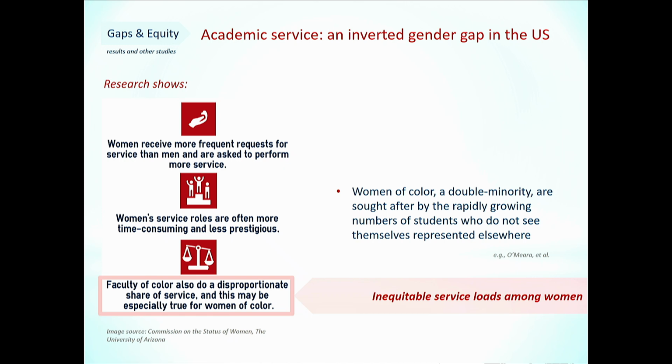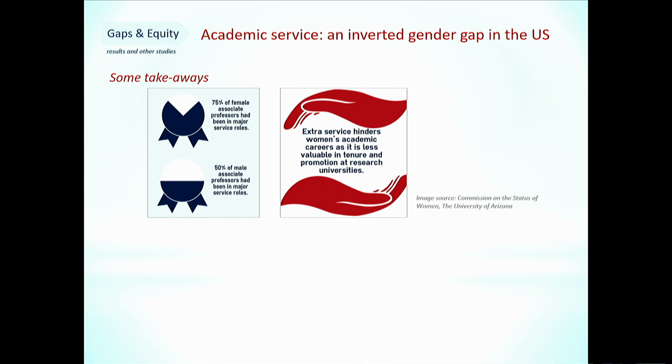And this is a big problem in the US because we have a demographic that is becoming a majority, especially in the Southwest where I come from, Hispanics and other racial, traditionally, historically minoritized populations, but they're not represented in leadership or in faculty in academia. Okay, so some takeaways.